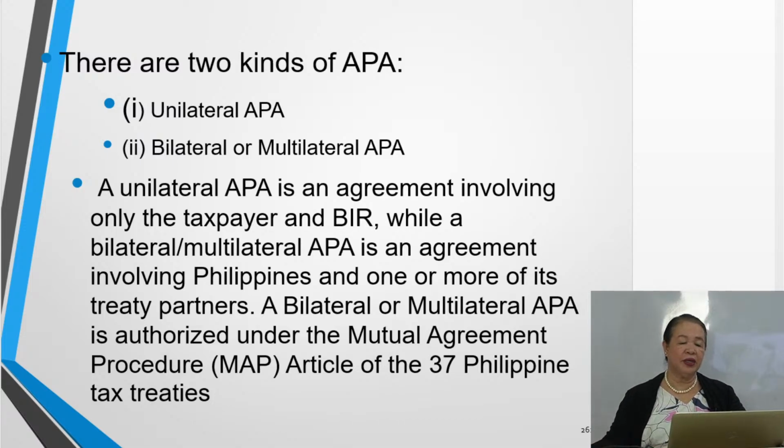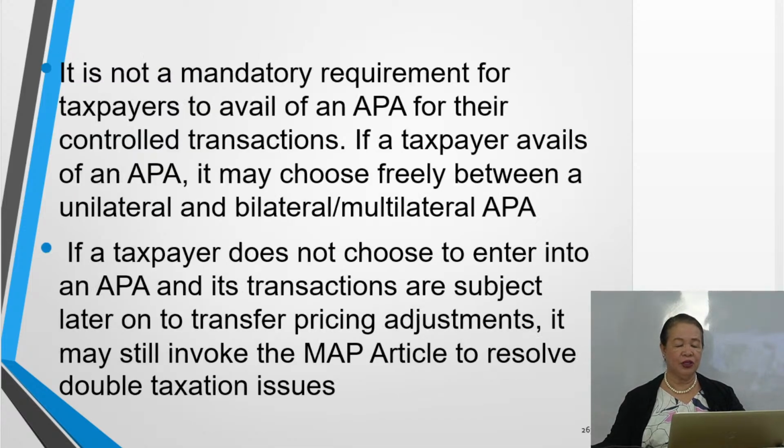It is not a mandatory requirement for taxpayers to avail of an APA for their controlled transaction. No? So if a taxpayer avails of the APA, it may choose freely between a unilateral and bilateral or multilateral APA. No? So, hindi naman mandatory requirements that you avail of the advanced pricing arrangement. No? Voluntary lang.